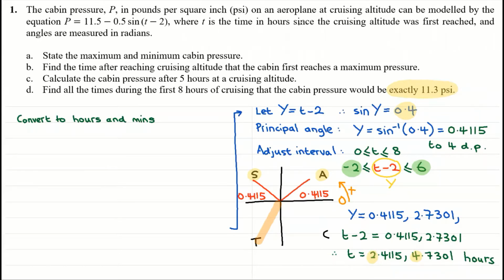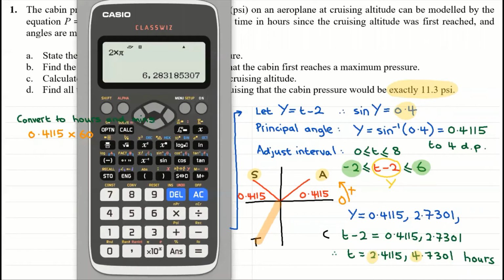Okay, so first of all, what is 0.4115 in minutes? Well, just multiply by 60. So let's get the calculator back up. We'll clear all that. 0.4115, multiply that by 60 is 24.69. So approximately 25 minutes.